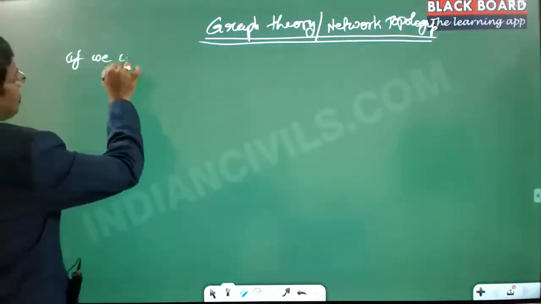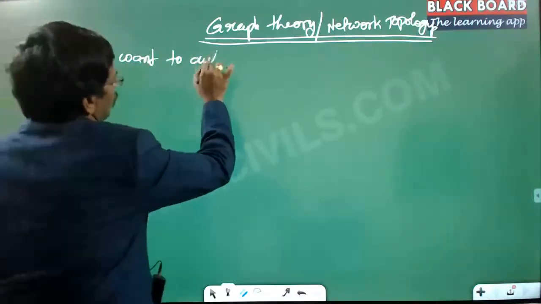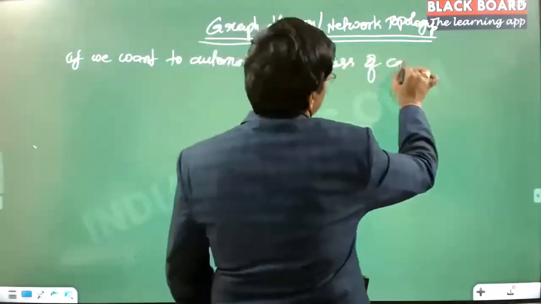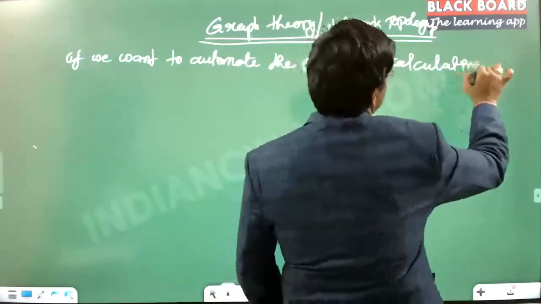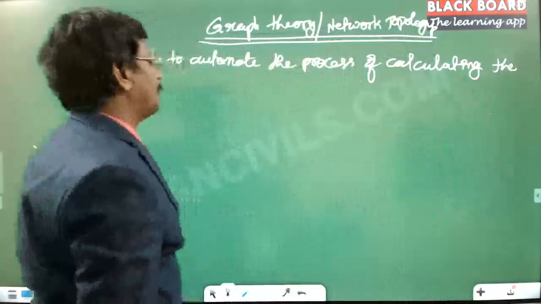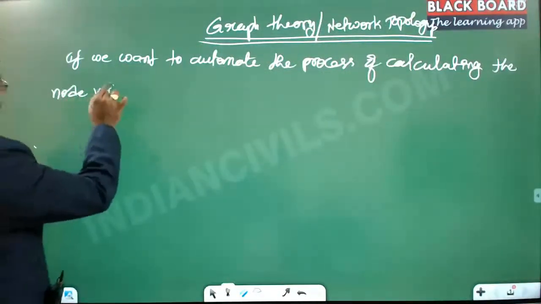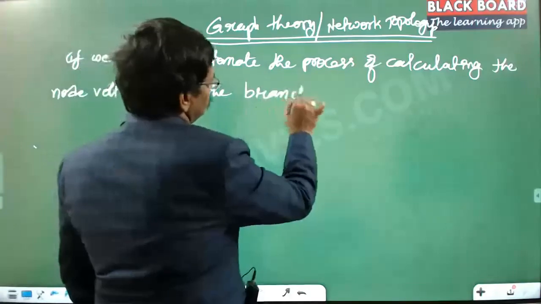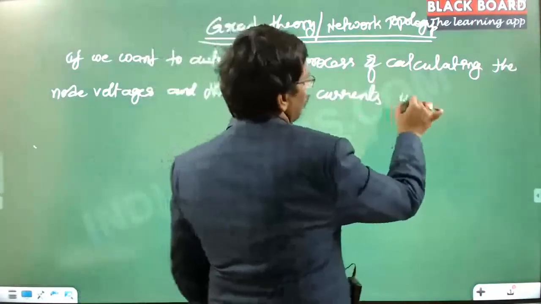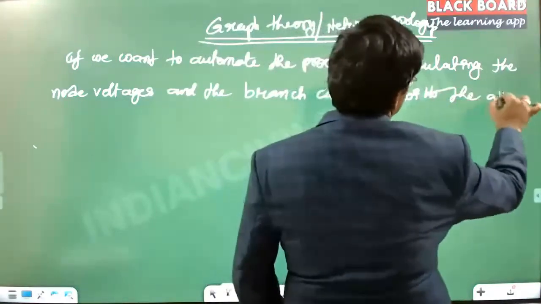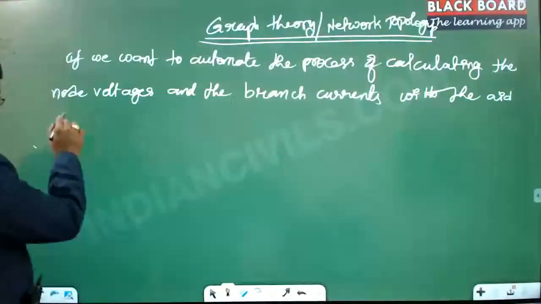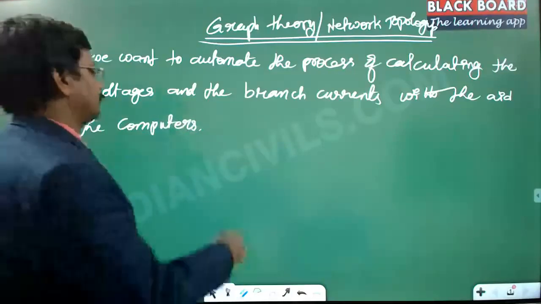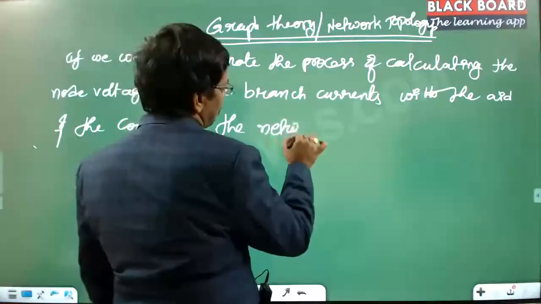If we want to automate the process of calculating the node voltages and the branch currents with the aid of computers, then network topology comes into the picture.